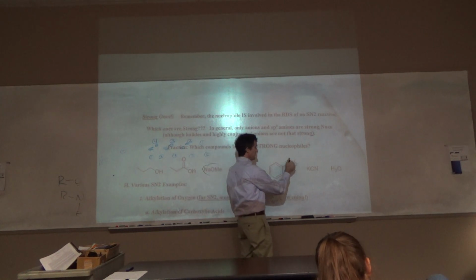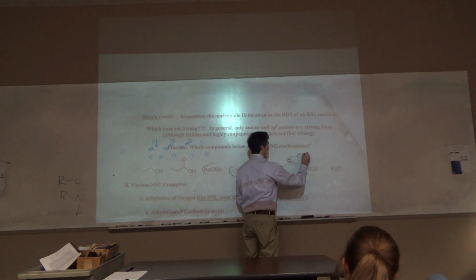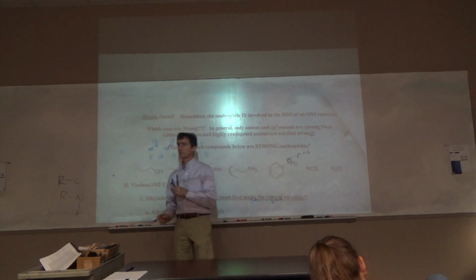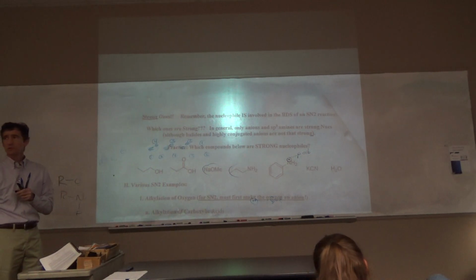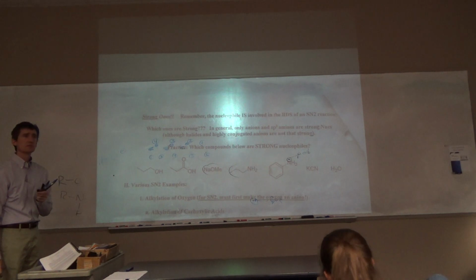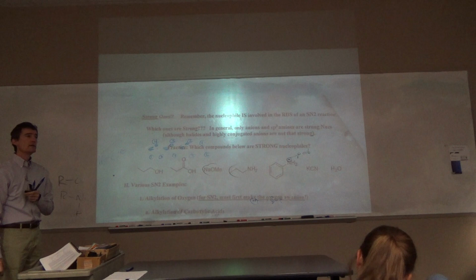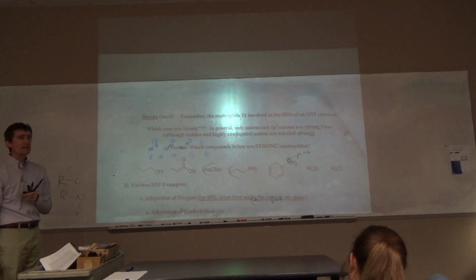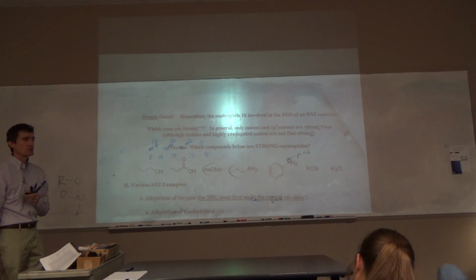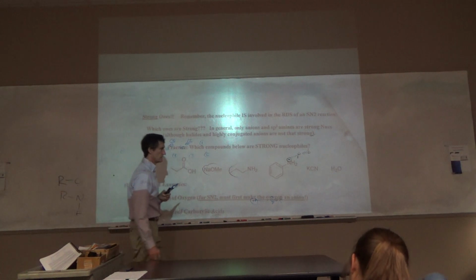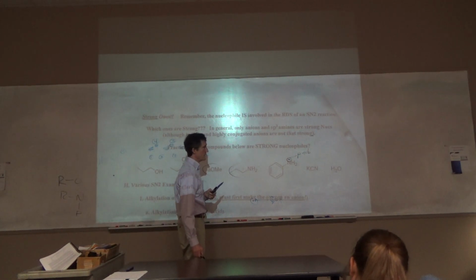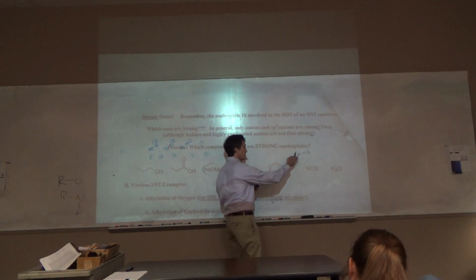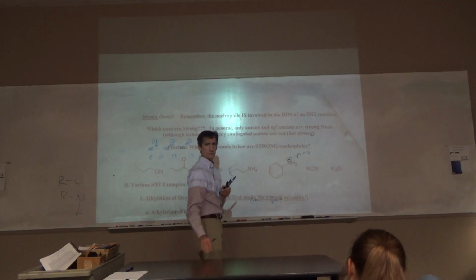This lone pair is in what type of orbital? A lone pair in a p orbital is typically not going to be nucleophilic. It's busy doing resonance. Maybe if it was an anion, it might be, but certainly not neutral. It's not an sp3 nitrogen. And the lone pair in a p orbital typically isn't going to do anything.